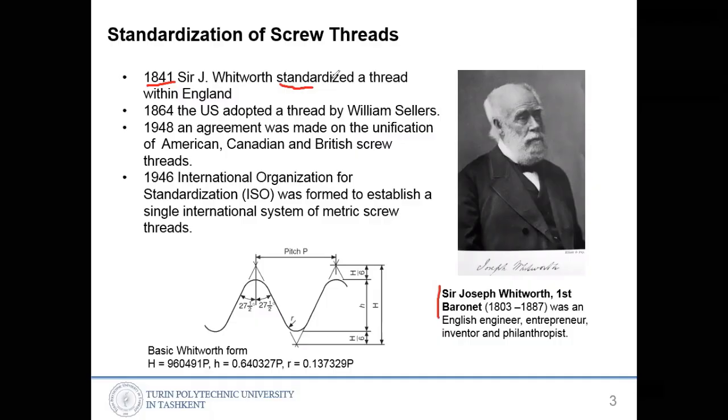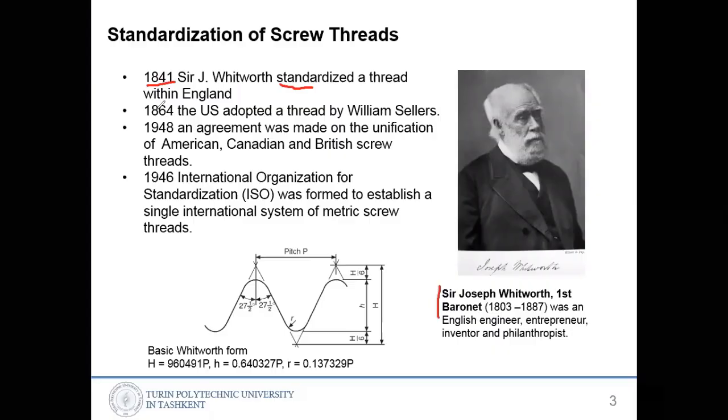Why did they need standardization? Do you think? Standardization is needed for many companies to work together, or when one company produces some parts and products, in order to use those parts or repair the product in another country, or to use many countries' products together in assembly.